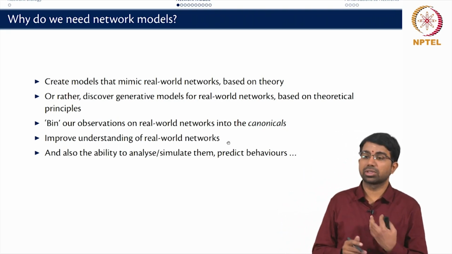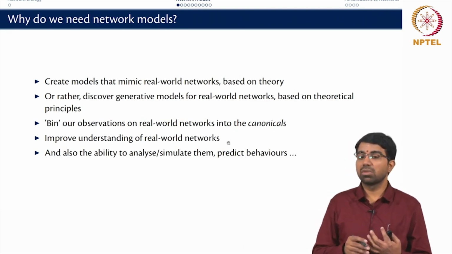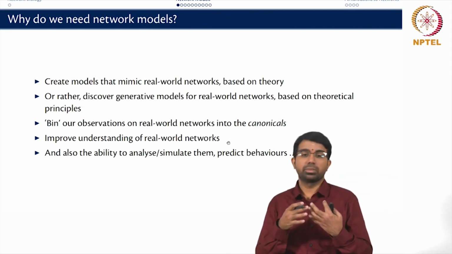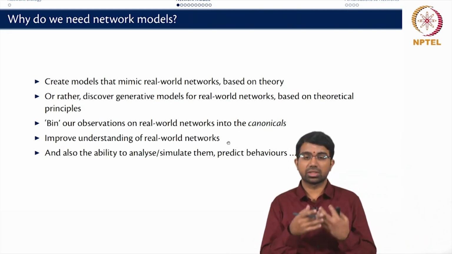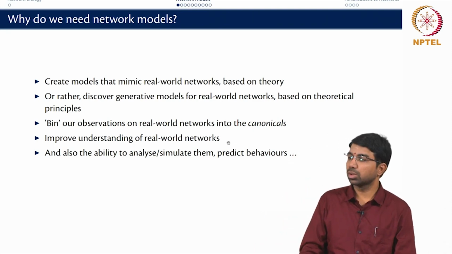For example, what happens when you start removing nodes from different kinds of networks? How does a perturbation cascade? Does it affect the network, does it destroy the network, or does it have no effect on the network, and so on.